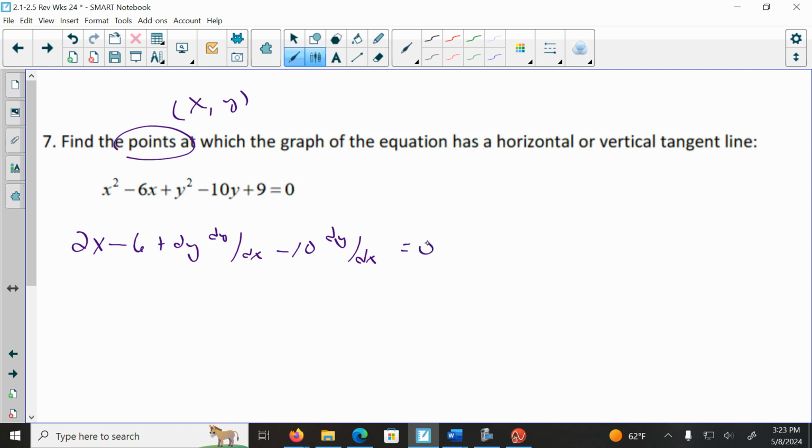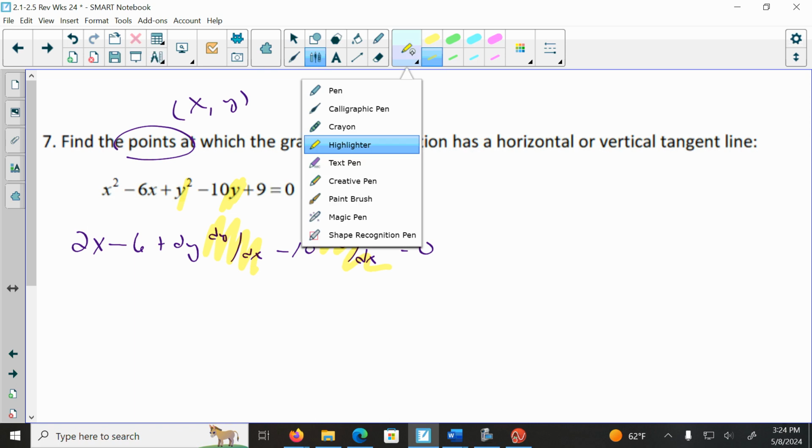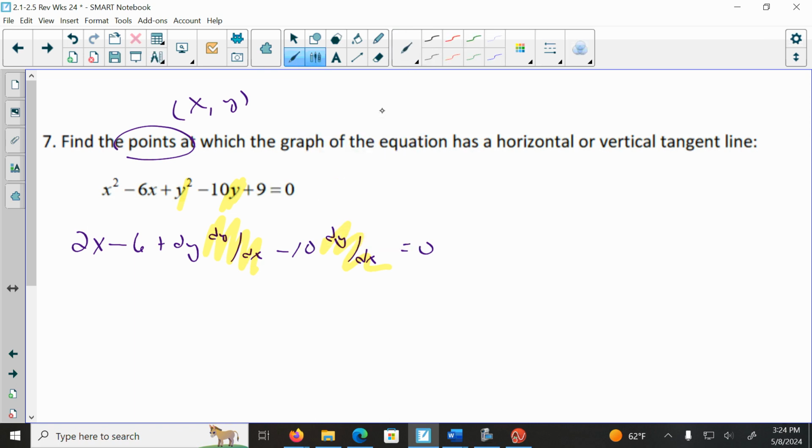Just remember, anything that has that y, so this has a y, and this has a y, which means when you take the derivative of that, you get dy dx. So now I'm going to do it the same way I did before. I'm going to leave the dy dx terms on this side, so that's 2y minus 10. Everything else is going to go over to the other side, so this will be a negative 2x plus 6.